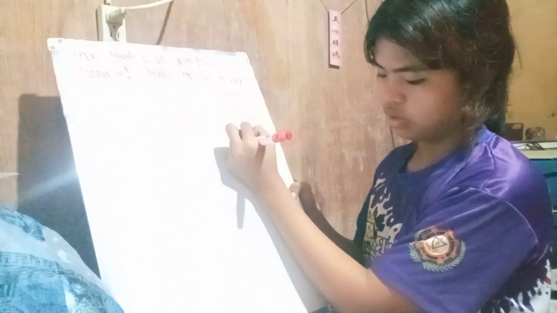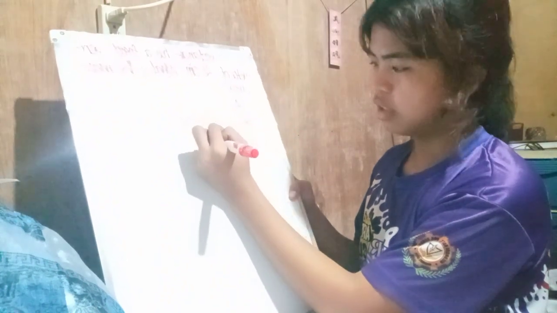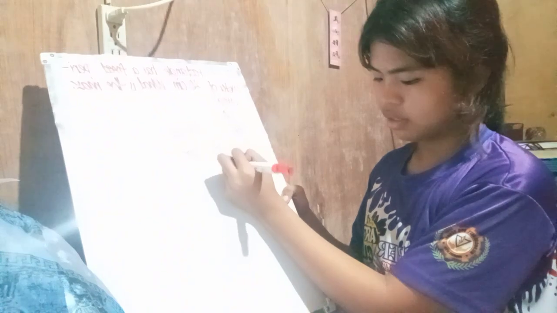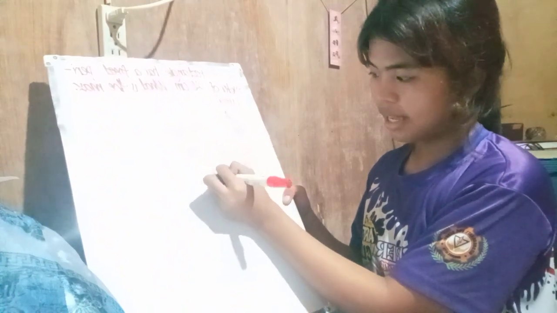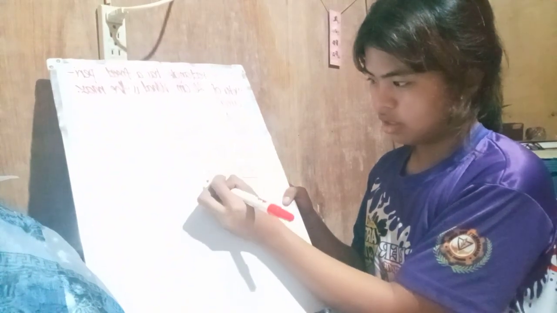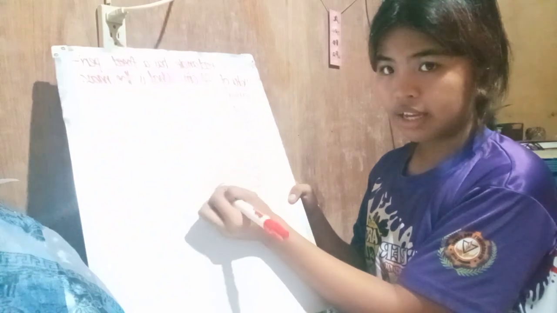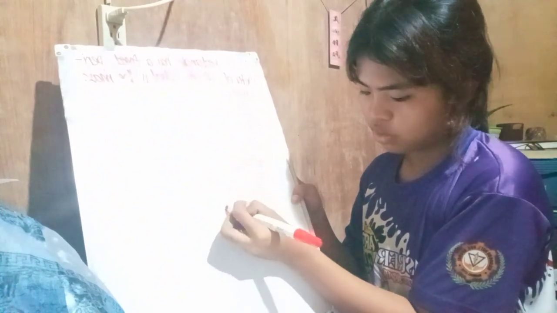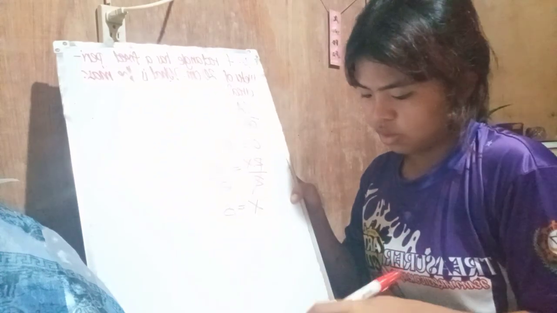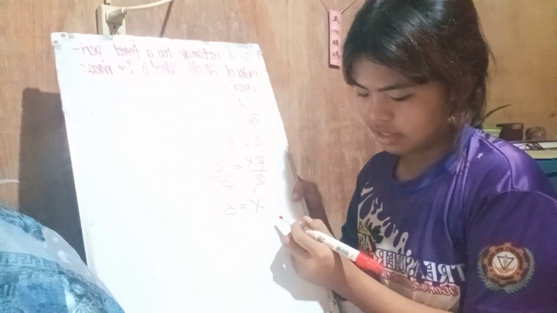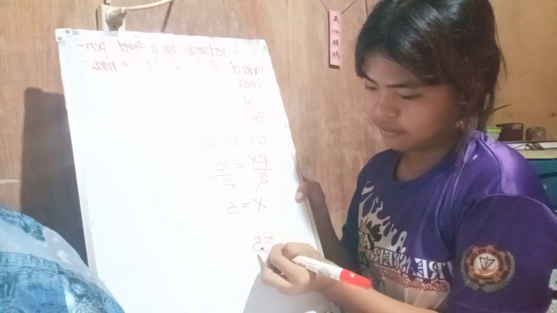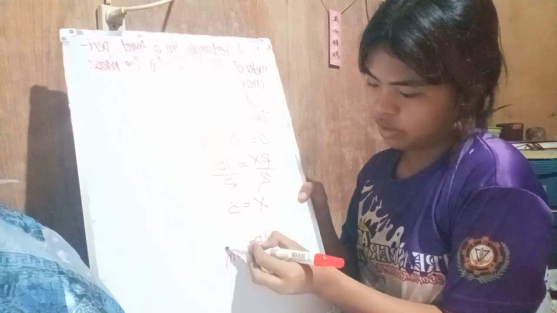Well, 0 equals 10 minus 2x. So after that, 2x equals 10. Then I'm going to divide both sides, then cancel out. x is equal to 5. So the max area is 25 cm squared.